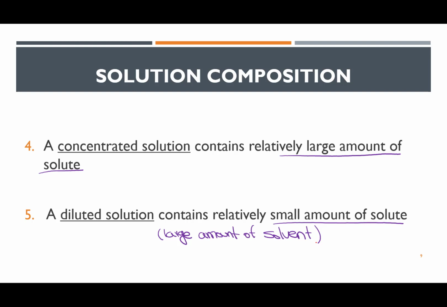That means it's concentrated. Once you pour in more hot water, it becomes diluted, it becomes milder. That's why we call it a diluted solution. That really thick coffee in the morning, which has a lot more coffee grain than water, is a concentrated solution, and once you add some more hot water, it becomes diluted. That's the difference between concentrated and diluted solutions.